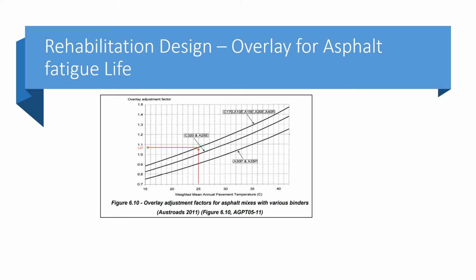An alternative overlay treatment would be to use an asphalt mix with an A10E binder from 6.10 for overlay using an A10E asphalt mix at a weighted mean annual pavement temperature, WAMPT, of 25 degrees Celsius. The overlay adjustment factor is 1.07. Therefore, the asphalt overlay required to strengthen the pavement is 50 times 1.07 equals 53.5 millimetres, which can be rounded up to 55.